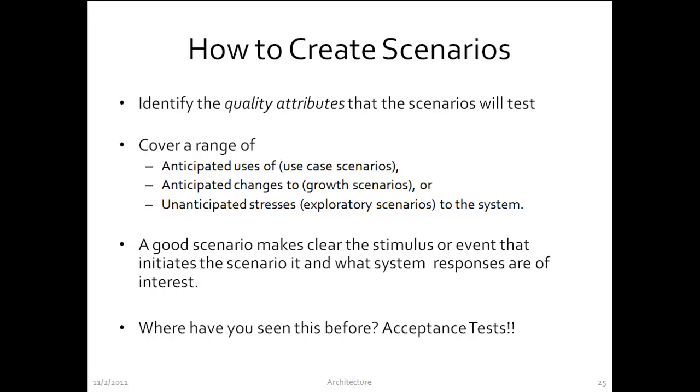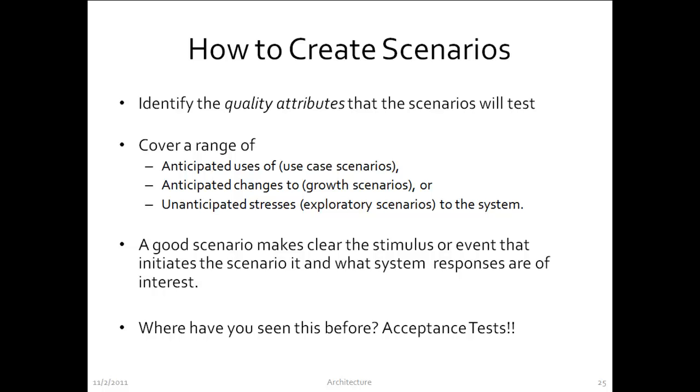Then test anticipated changes to the volume of uses of the system, so growth scenarios. Then cover a range of unanticipated stresses, what we call exploratory scenarios to the system. A good scenario will make clear the stimulus or event, like Thanksgiving or Mother's Day, that will initiate the scenario, and what system responses, once again, what quality attributes and their range of values are of interest.